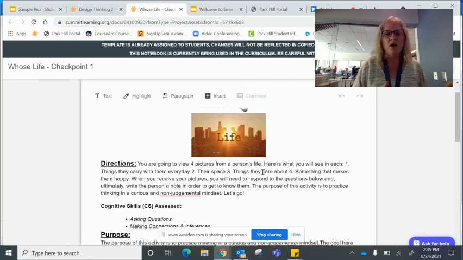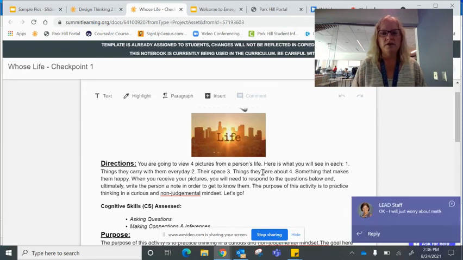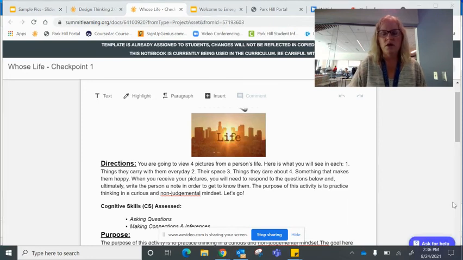All these directions are on the calendar that you should have bookmarked. And all of this information will also be on Summit in your announcements. So you can get all of the directions in both of those places.